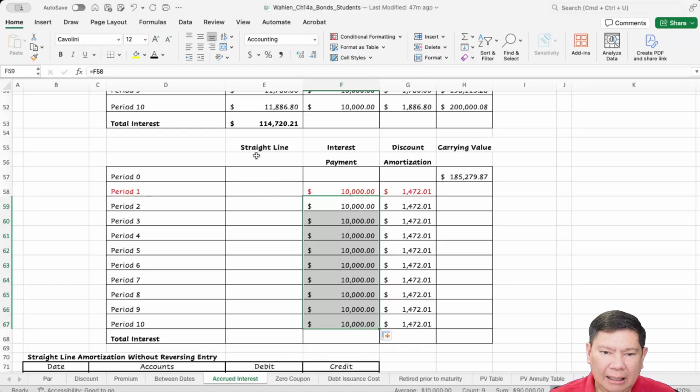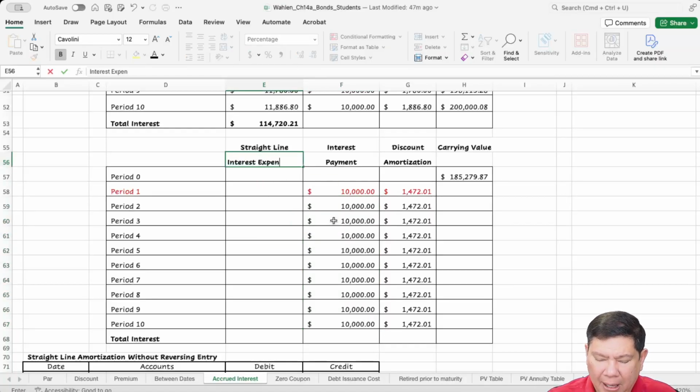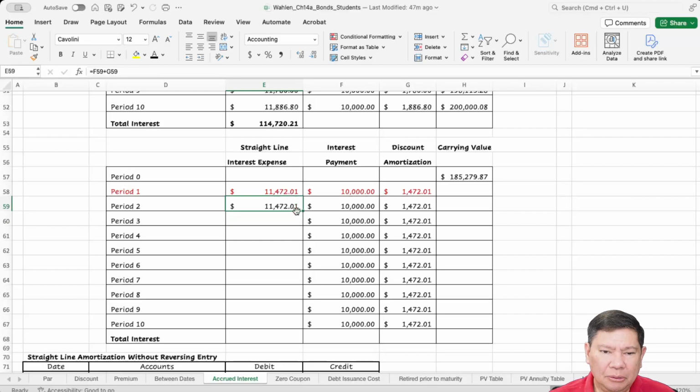Okay, so the straight line interest expense will be the 10,000 plus the discount amortization. 10,000 plus 1,472.01.